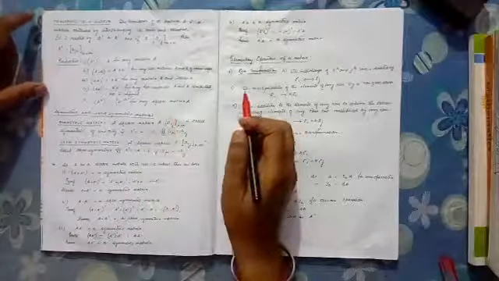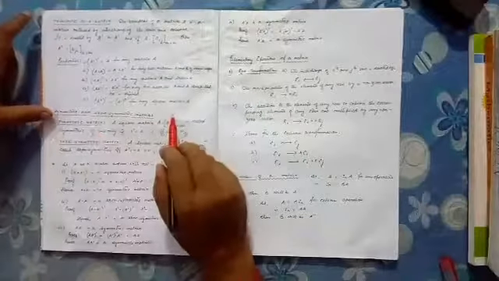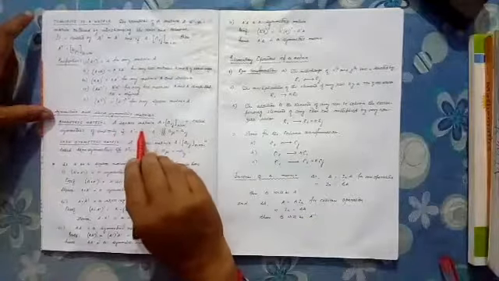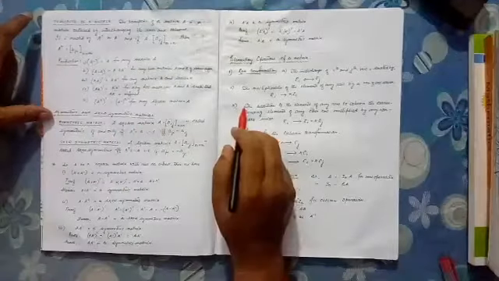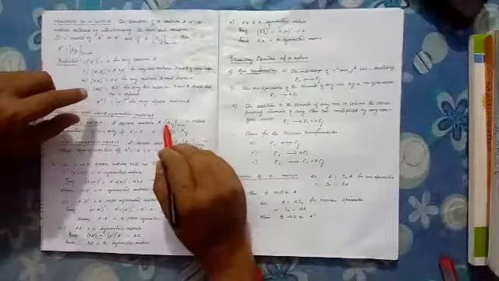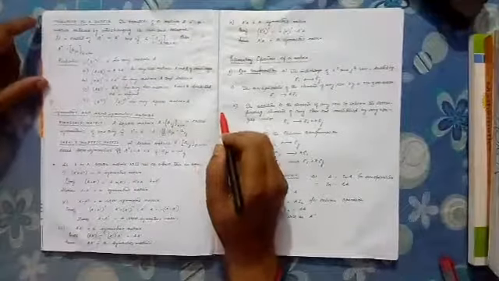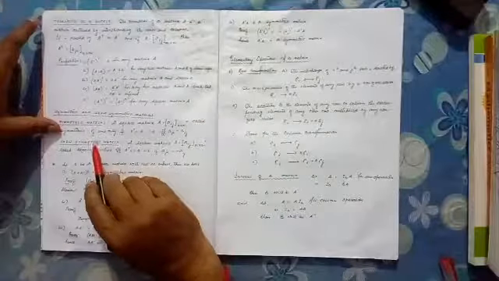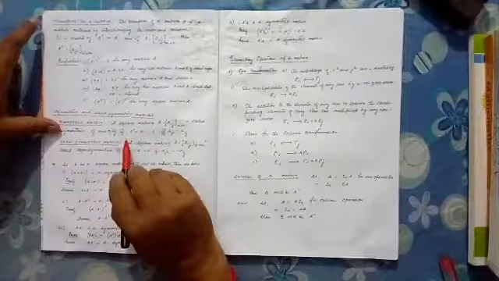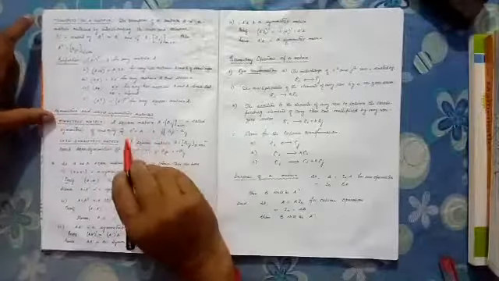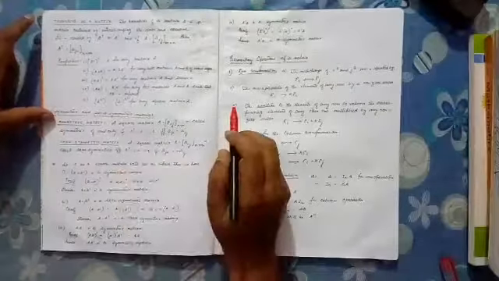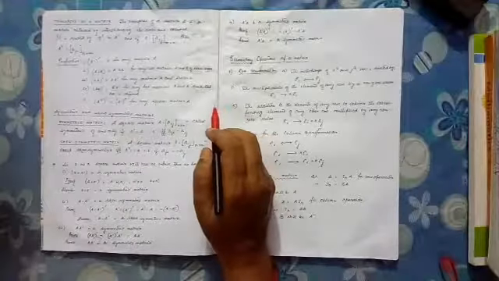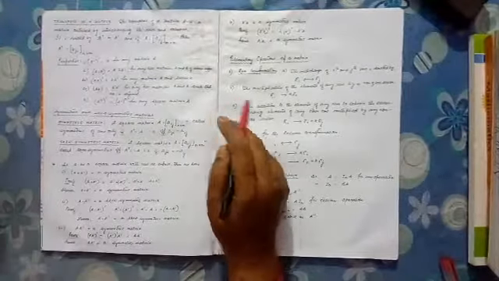Next, symmetric and skew symmetric matrix. Symmetric matrix. A square matrix A equal to Aij of order n cross n is called a symmetric matrix if and only if A transpose is equal to A, that is, if Aji is equal to Aij.